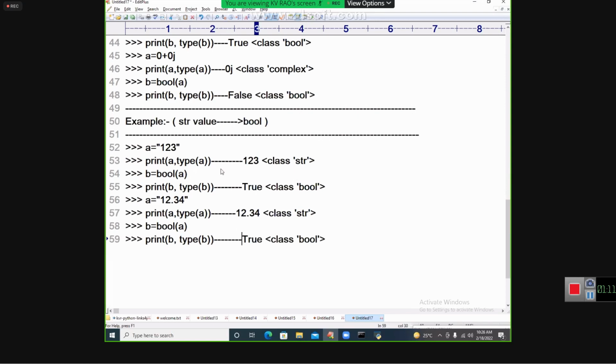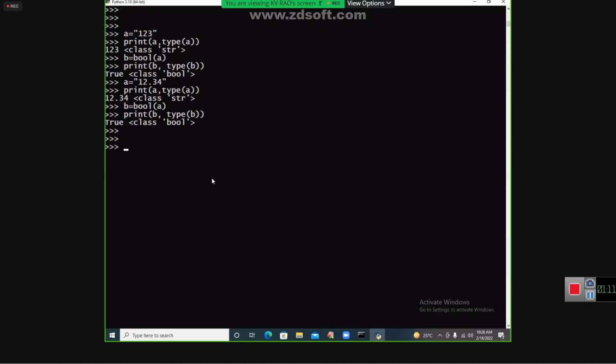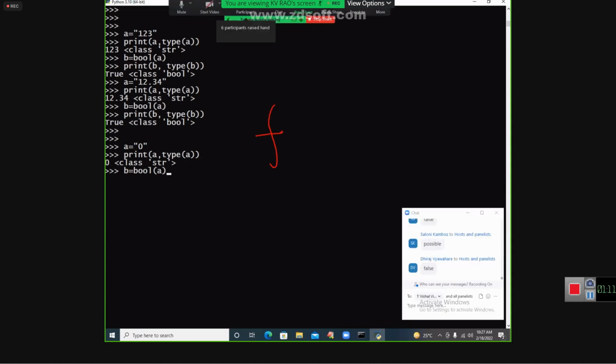Now, students, A is equal to 0, in quotes as a string. Print of A. Now bool of A. Tell me. Most of them are saying false. That answer is wrong. The answer is true. Why?